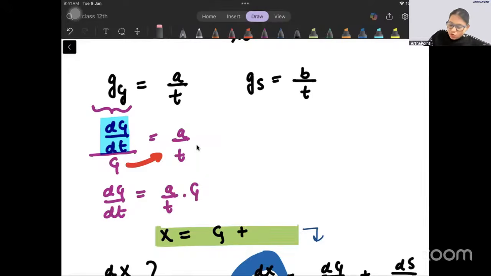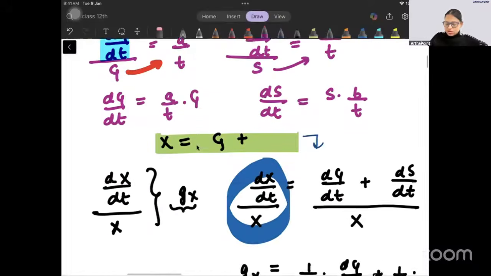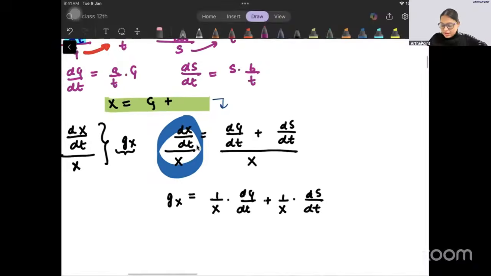Similarly, ds by dt divided by s is b by t. So I can take this here and get ds by dt will be s into b by t. I can just replace this here and say that this will be 1 by x a by t into g plus 1 by x s into b by t.